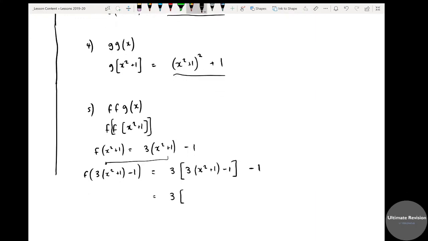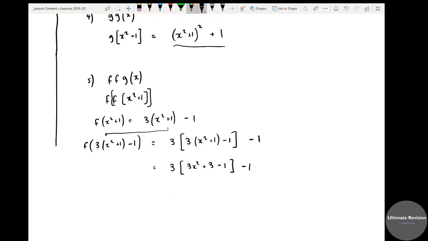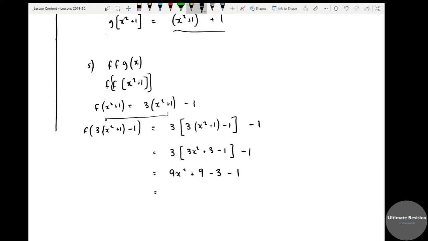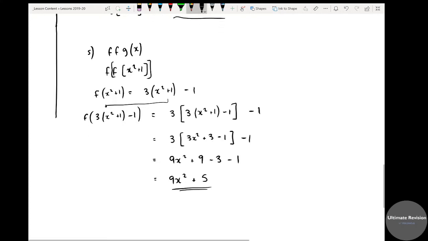Let's tidy this up a bit. 3 squared in there plus 3 minus 1. And then I can multiply out the bracket. 9x squared plus 9 minus 3, and then minus 1. And it makes it quite nice. It's 9x squared. That becomes plus 5. So that would be f(f(g(x))).